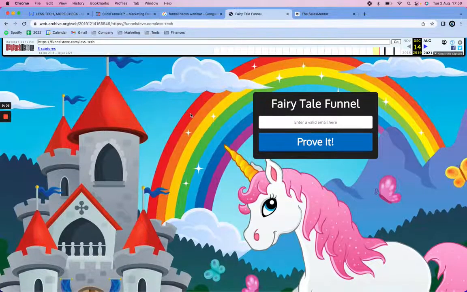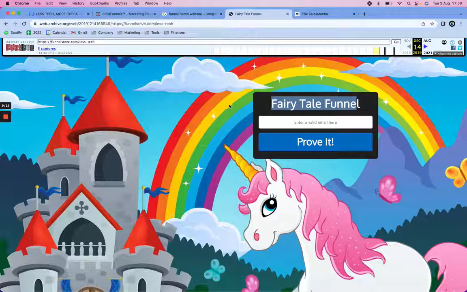Pretty ridiculous, right? People are talking about having headlines and all this copy on the page. He literally has a 3-word headline and then a button. Fairy tale funnel, prove it. I don't know what his opt-in rate for this was, but I imagine back in the day, he got an extremely high opt-in rate.